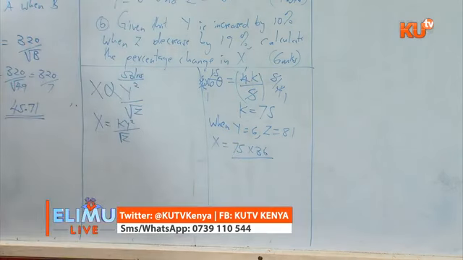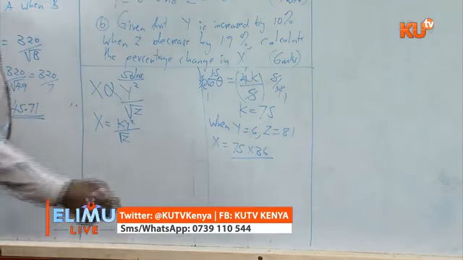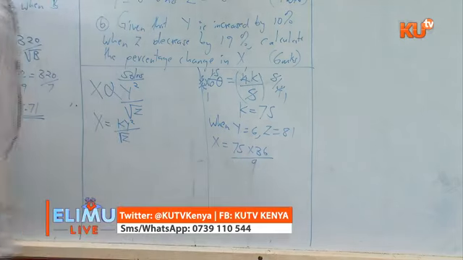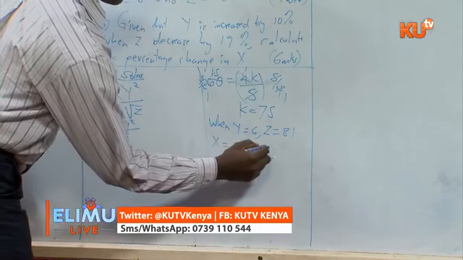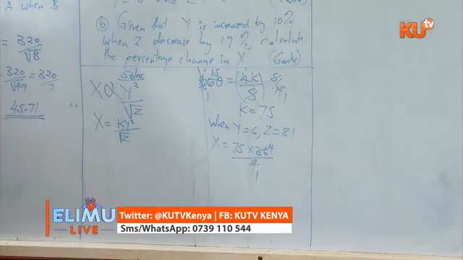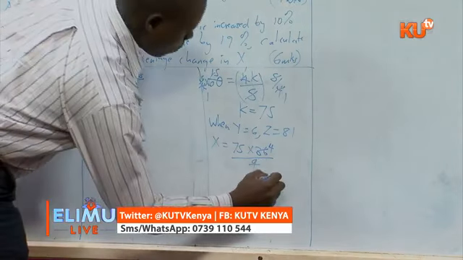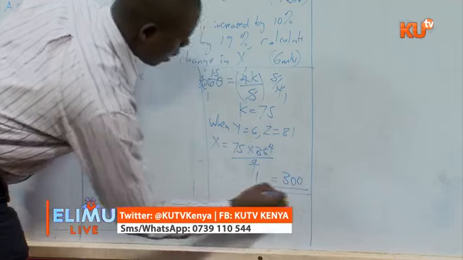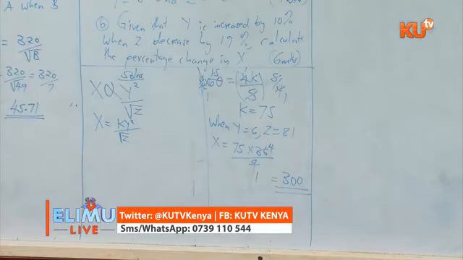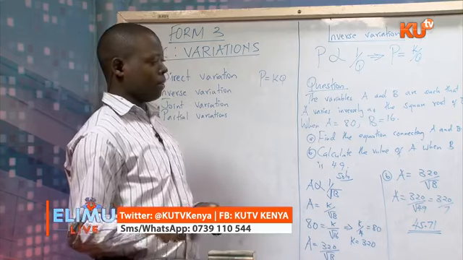Then we divide by the square root of 81, which is 9. If you simplify, 9 will cancel 36, 9 into 36 is 4. Then if you multiply 75 by 4, your answer will be 300. That is the answer for part A to earn you the 4 marks.